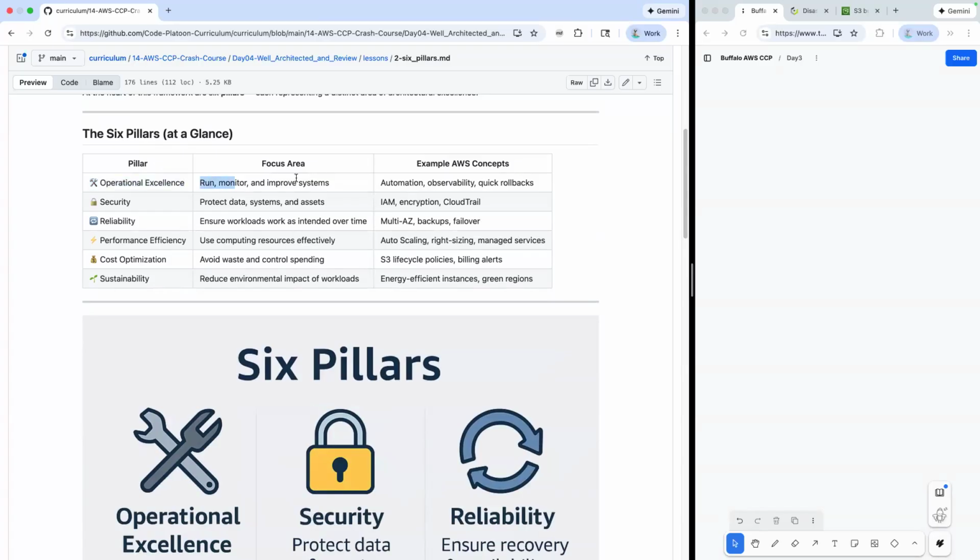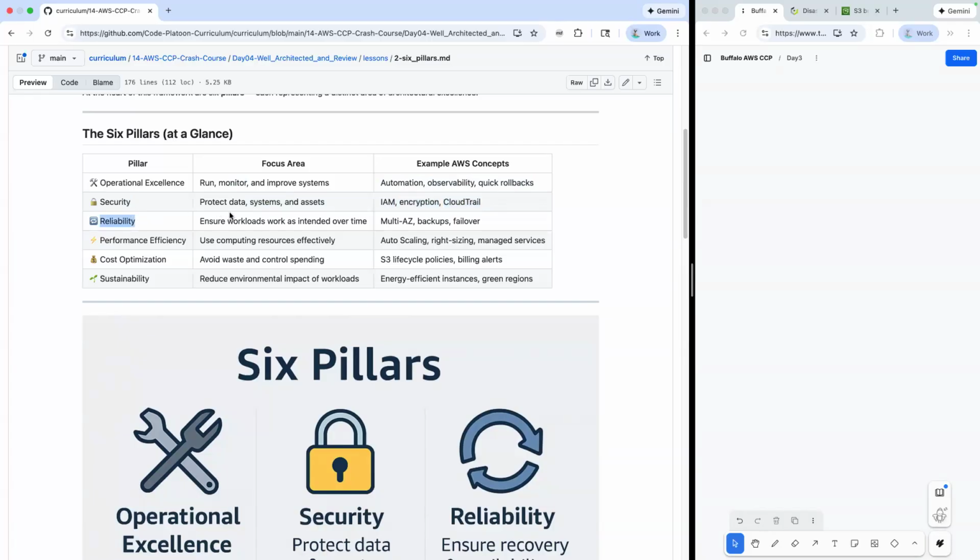What does this mean? What's its focus area? Operational excellence means making sure stuff is running smoothly, monitoring how the system is, improving it. So automation, observability, quick rollbacks. Security, right? Protecting data, systems, and assets. So IAM, encryption, CloudTrail for logging and auditing.